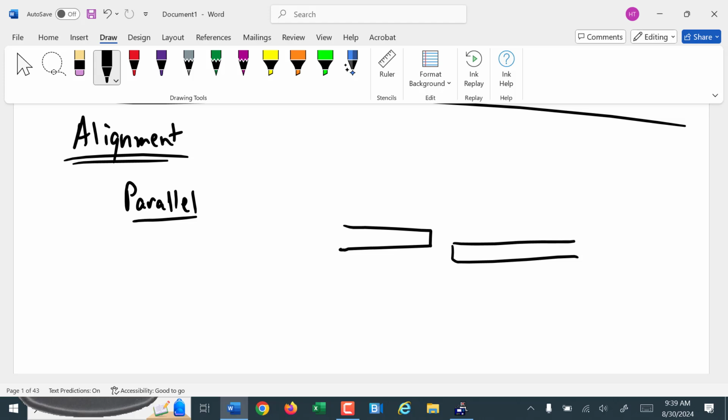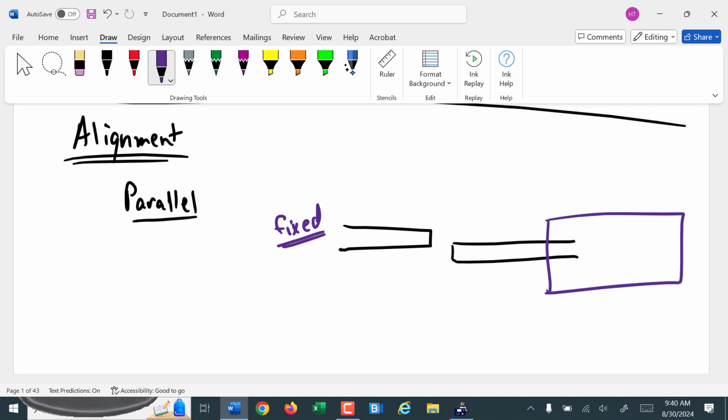So one of your things with alignments, parallel alignment is pretty easy to deal with. Parallel alignment, you're aligning two shafts that are parallel, just not aligned. So all you have to do is lift or lower one shaft to get it there. Usually you're lifting the motor to line it up with the other shafts.